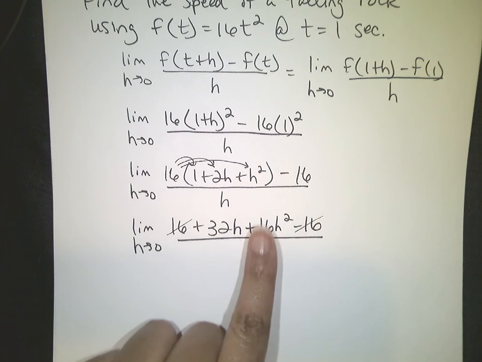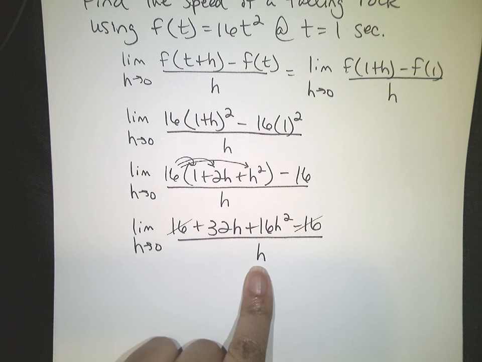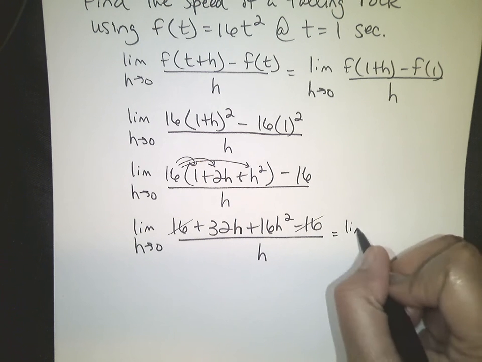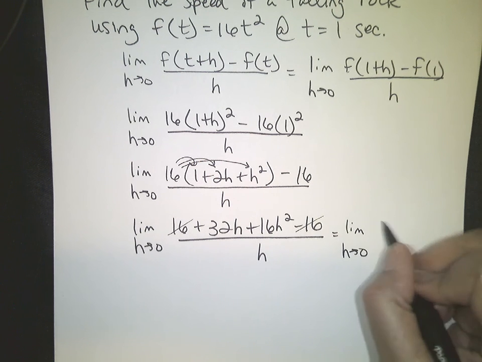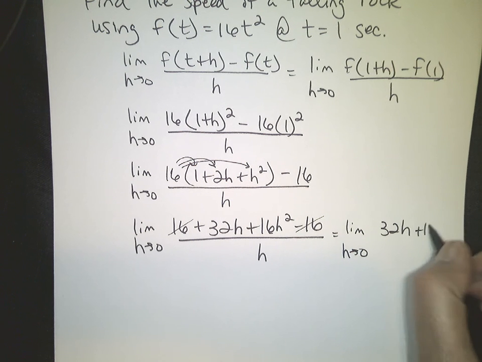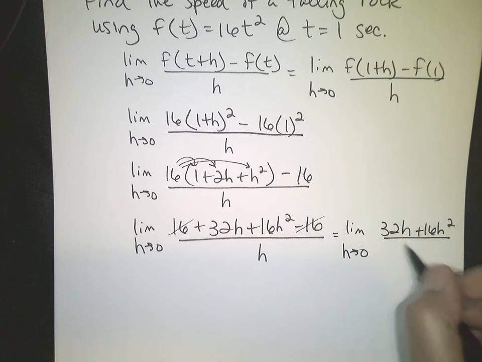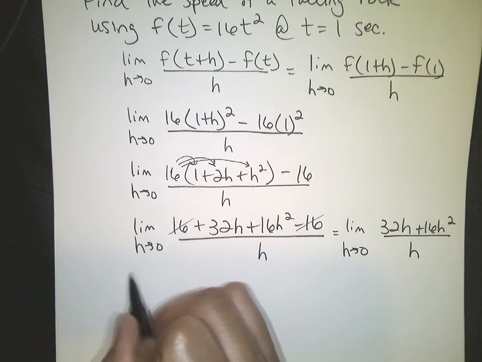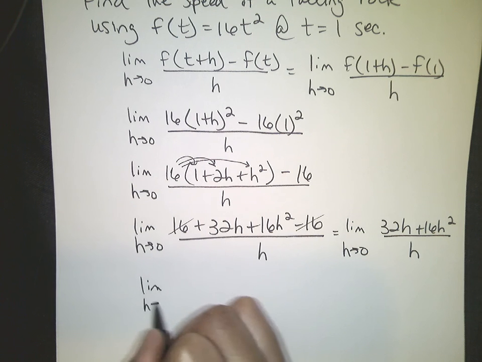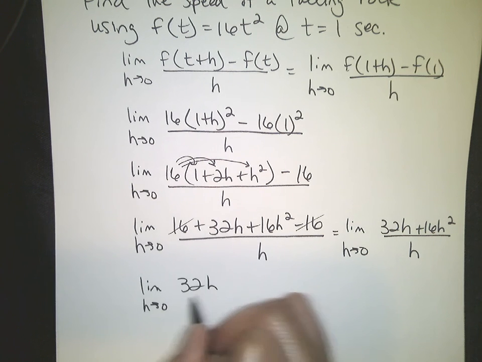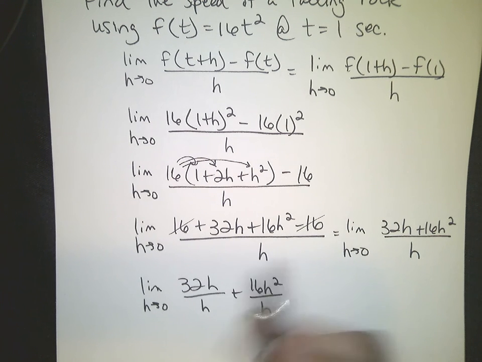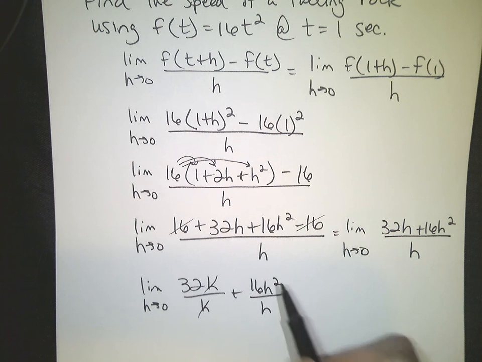And can we plug in 0 here? No, because we'll get undefined. Got to keep going. So this will be the limit as h approaches 0 of 32h plus 16h squared over h. Factor, simplify, same thing. So this will be the limit as h approaches 0 of 32h over h plus 16h squared over h. That makes a 1. It's 2 h's here, 1 h here.